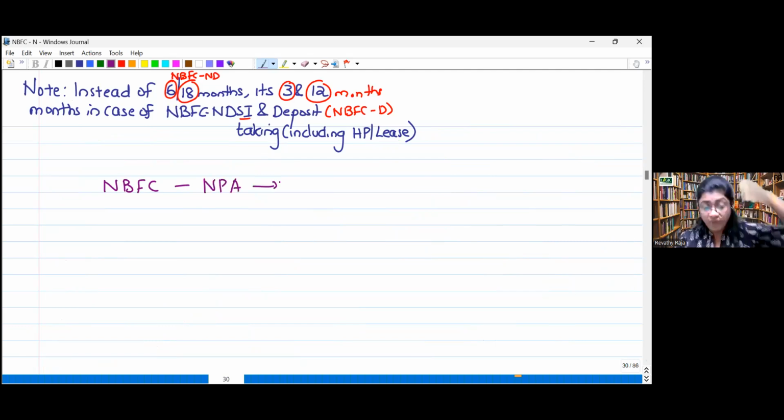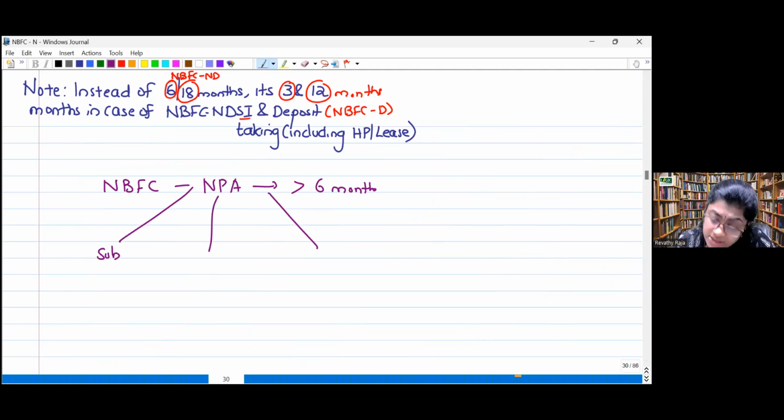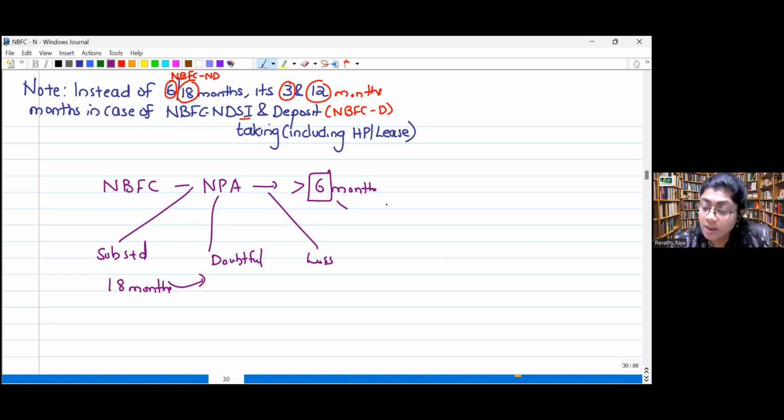If outstanding default is for more than 6 months. In NPA, till when is it substandard? Up to 18 months of NPA. After 18 months, it will be doubtful. If it is irrecoverable, loss. Now, this 6 months will be replaced by 12 months if it is which type of NBFC? Hire purchase or lease.